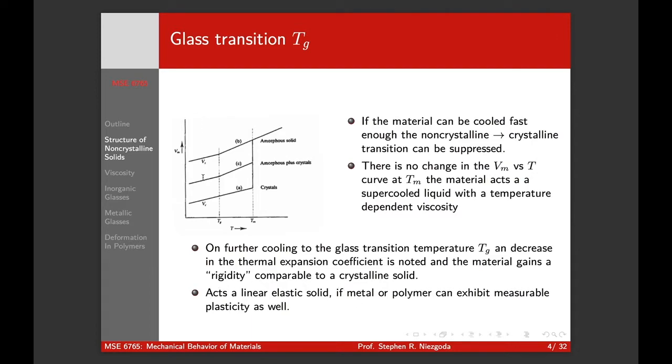Okay? Now, even though we're below the glass transition temperature, if the bond strength is weak enough, like in metals or polymers, we can still exhibit some measurable plasticity. But if it's covalently bonded or ionic, well, ionic you don't get amorphous ionic solids.